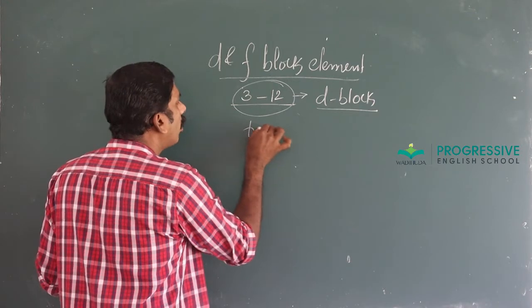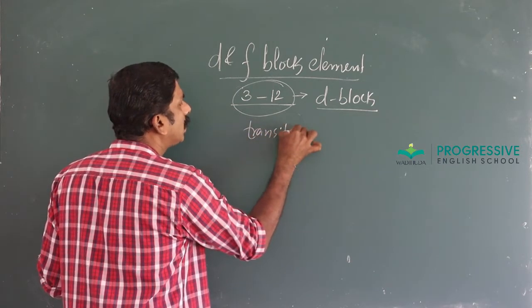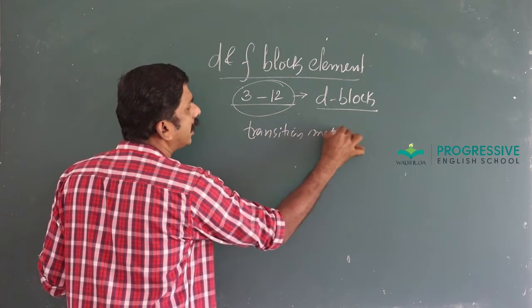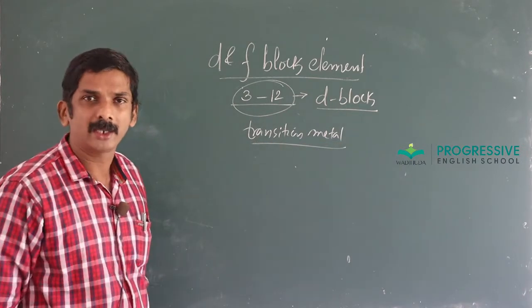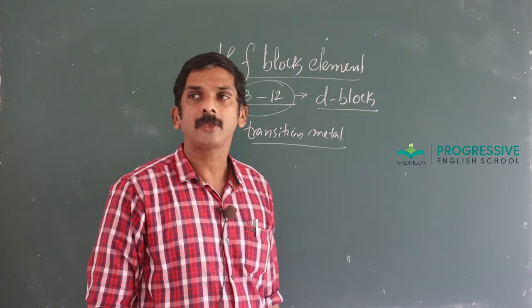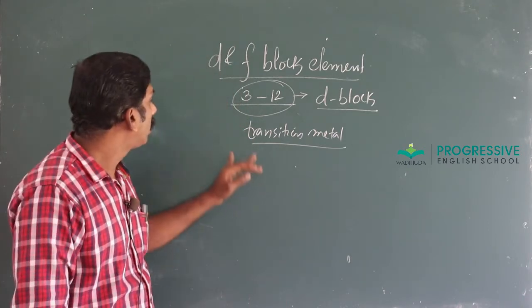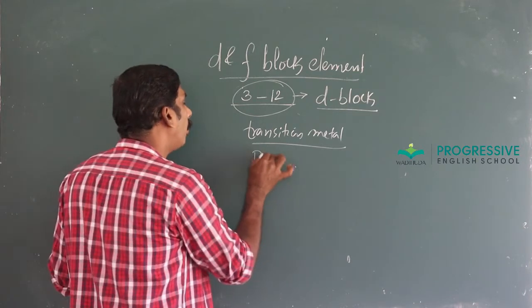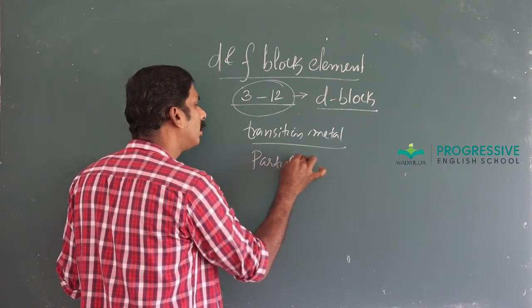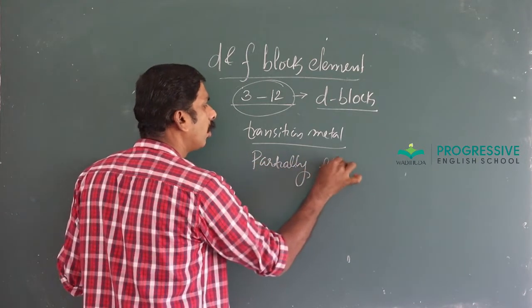They are also called transition metals, because they show the transition from metals to non-metals. Transition means change. Transition metals are characterized by the availability of partially filled d electrons.